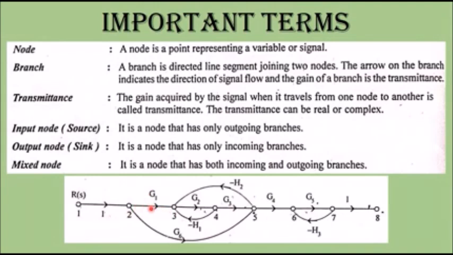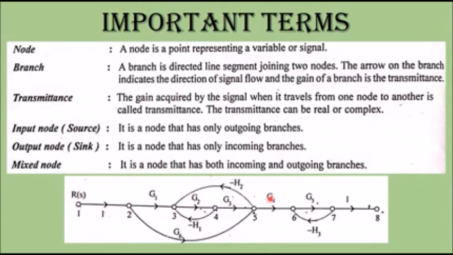That means branch 2, which joins node 2 to node 3, has transmittance G1. Let's say the branch joining node 5 and node 6, what is the transmittance? The transmittance is G4. The transmittance is the gain acquired by the signal when it travels from one node to another node.